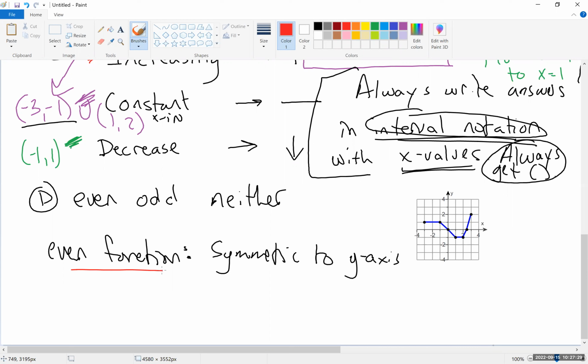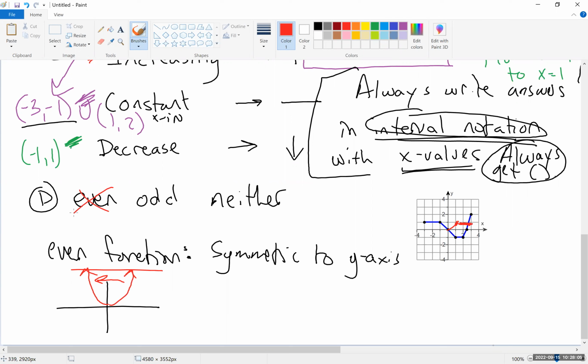So for us, if it's an even function, the left side of the graph, when you fold it over, it's going to look like this, right? For it to be an even function, the red would have to be over the graph, which is not true at all. If you want an example of what an even function looks like, parabolas are even functions. If you take the right side of a parabola and fold it over the y-axis, it lands right on top of itself. This one is definitely not an even function.